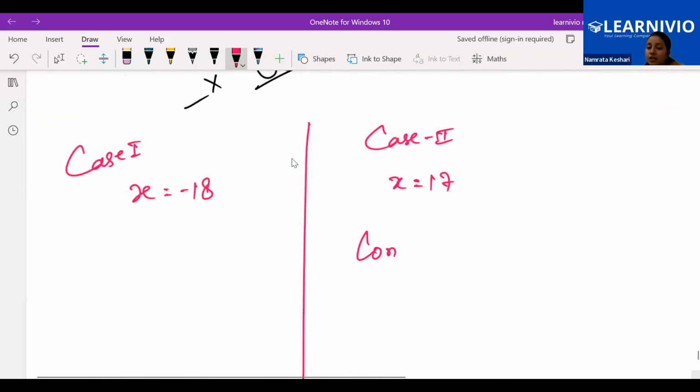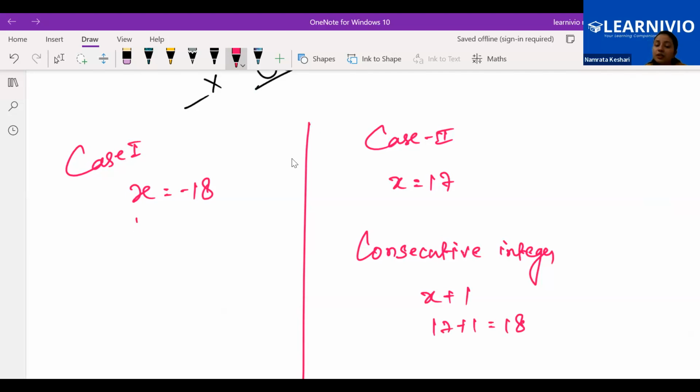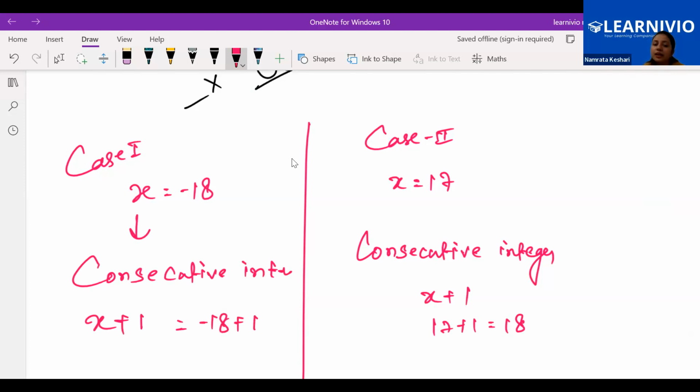Consecutive to this integer will be x plus 1, that means 17 plus 1, that means 18. And consecutive to this integer will again be x plus 1, that means minus 18 plus 1, that means minus 17.